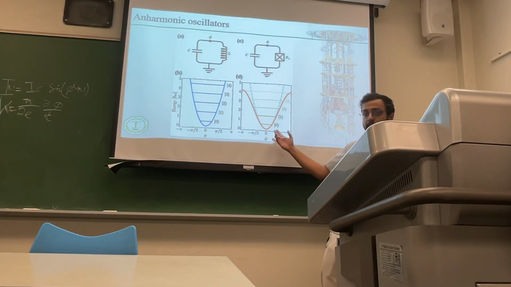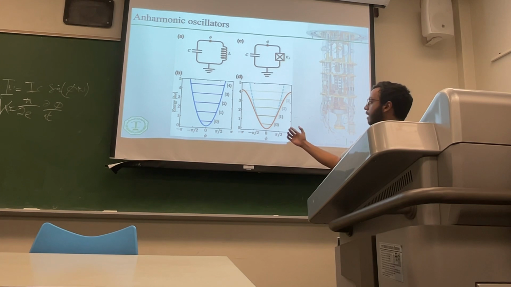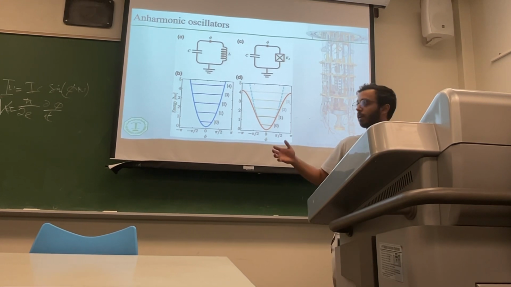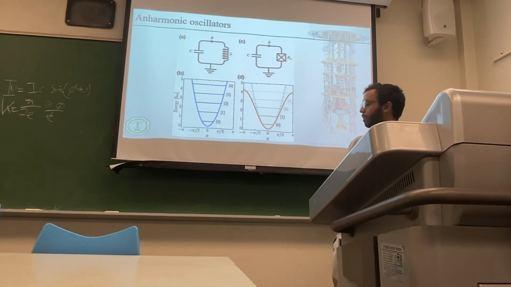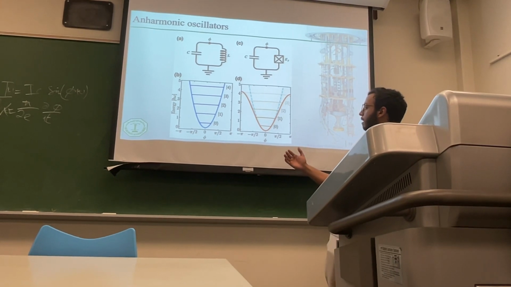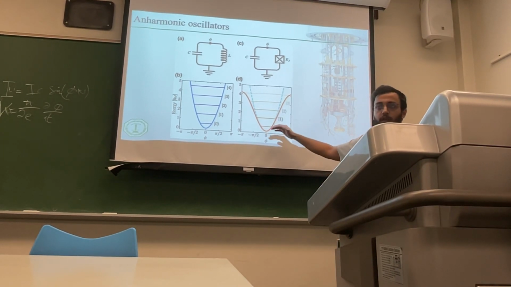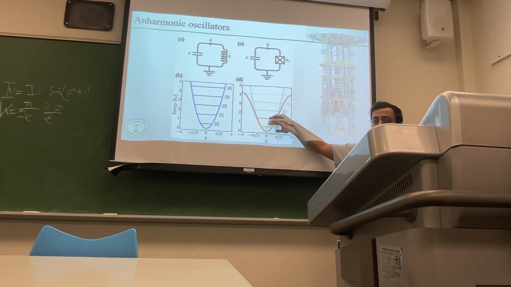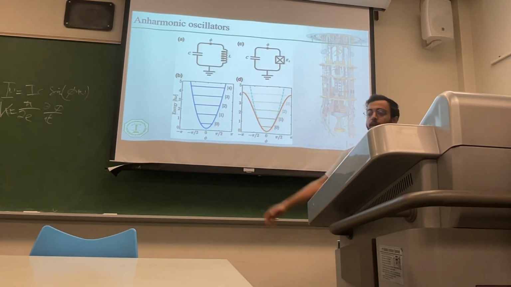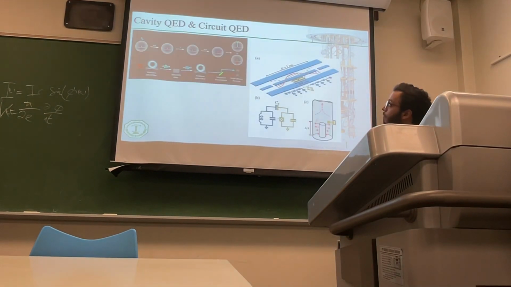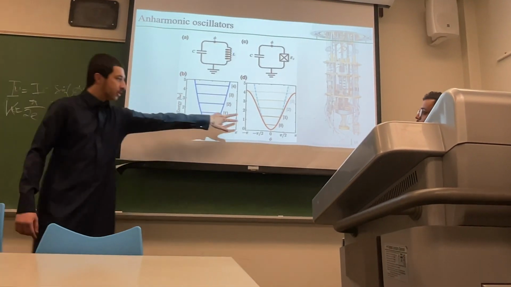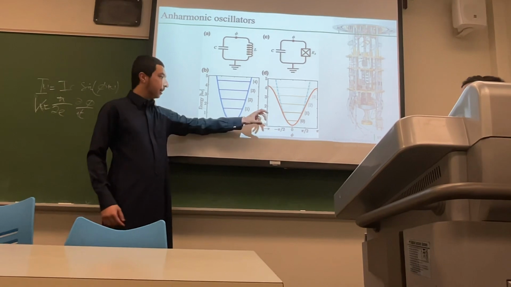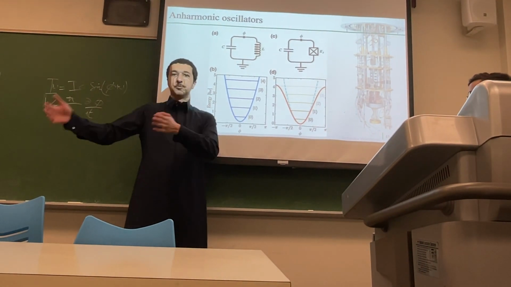As for the nonlinear component in the circuit, it transforms the oscillator into an anharmonic oscillator, as in transitioning from state 0 to 1 is not at all the same as going from 1 to 2 or 2 to 3 and so on. And if I may add, this makes our system a two-level system, a qubit, because it's a computer at the end of the day.